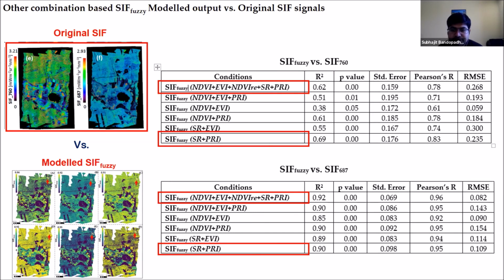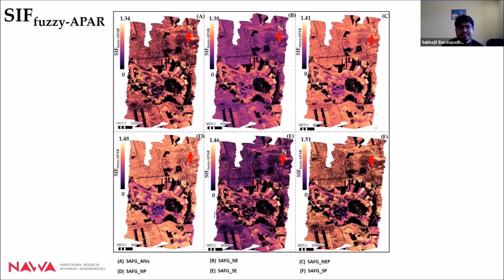For 687, combination 1 gives the highest correlation, and the last one, the simple ratio and PRI, also gives a high correlation with an R square of 0.90. This is after injecting the APAR signal into the SIF fuzzy.